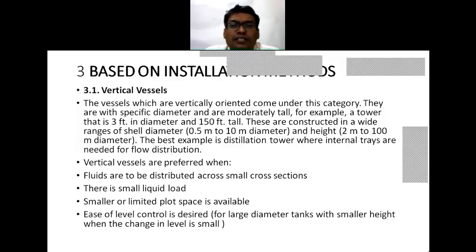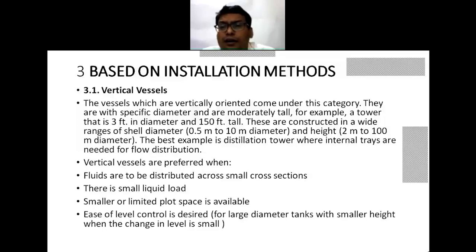Now vertical vessels, which are vertically oriented, come under this category. They have a specific diameter and are moderately tall. For example, a tower that is 3 feet in diameter and 150 feet tall. If you tried to arrange it horizontally, it would take a huge space, so it is easy to increase the height as compared to increasing the diameter.